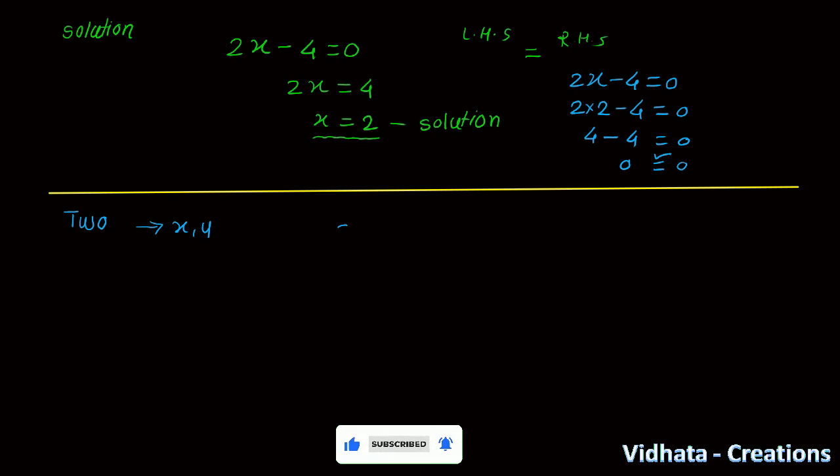For example, suppose I have the equation 3x plus 2y is equal to 10. You know this equation contains two variables. One variable is x and the other variable is y, and you have to take such values of x and y that satisfy the given equation.